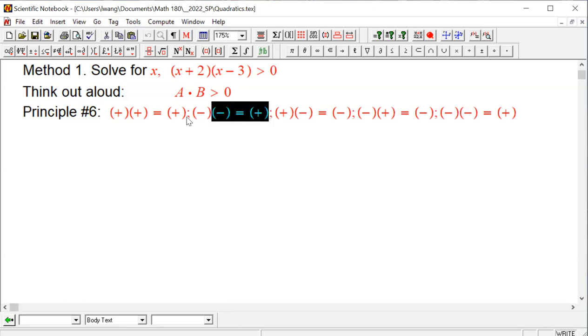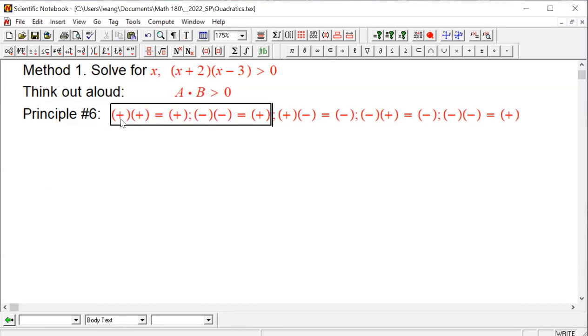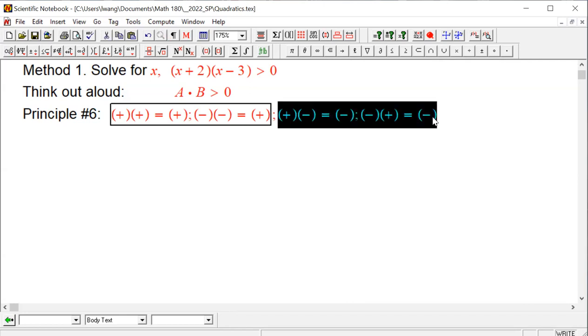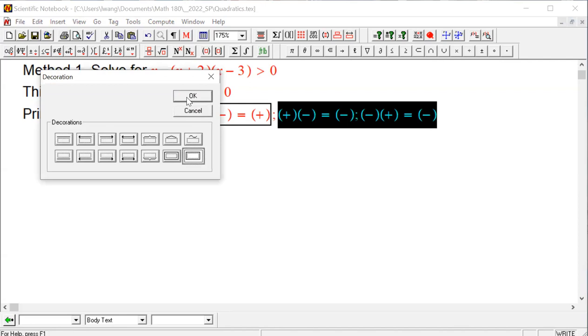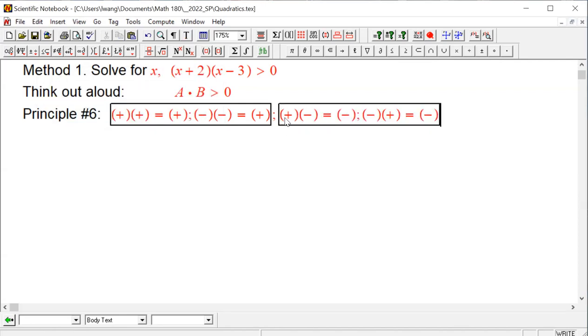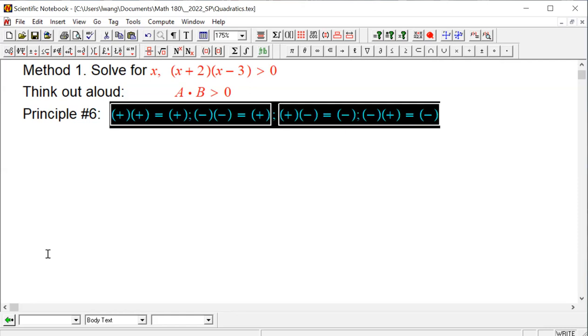They basically tell us that when the two numbers in a product have the same sign, positive times positive or negative times negative, the product is going to be positive. And when we multiply two numbers of opposite sign, one positive and the other negative, or one negative and the other positive, the product will be negative. So that's basically what principle number 6 says. Of course, it also says a bunch about the quotient, right?